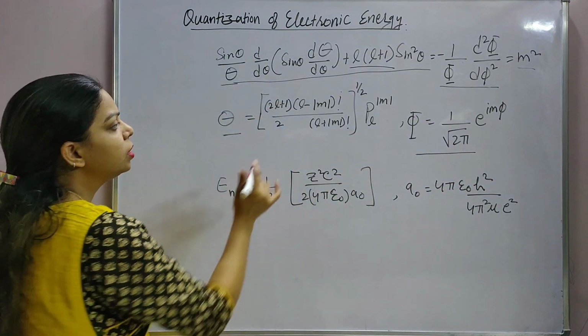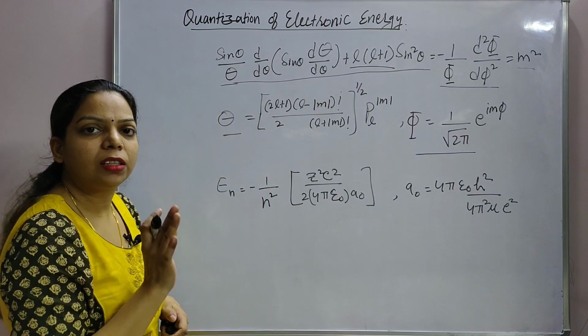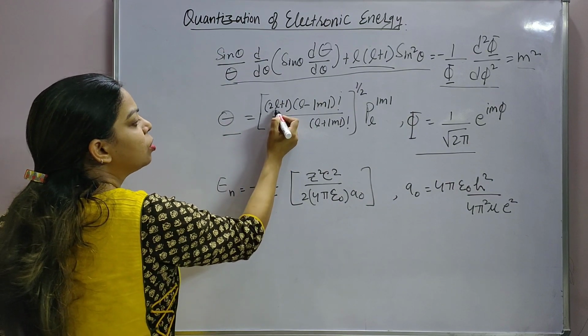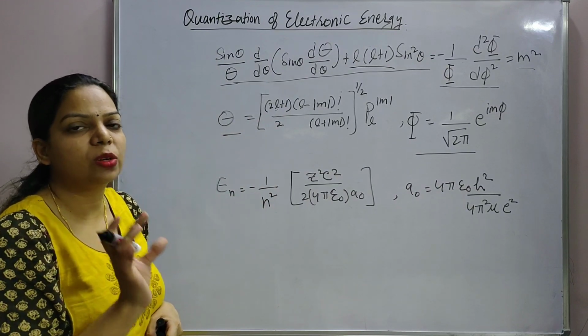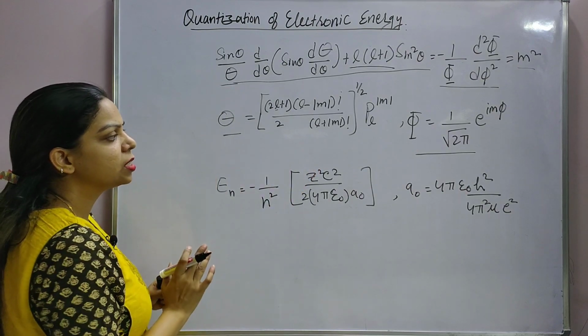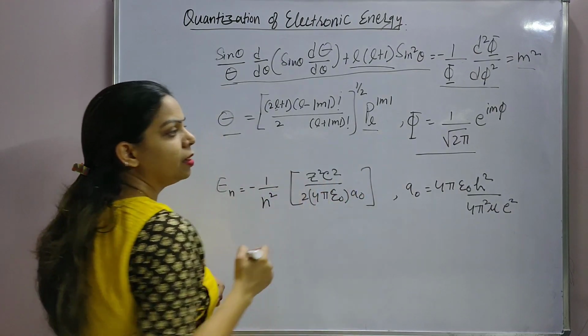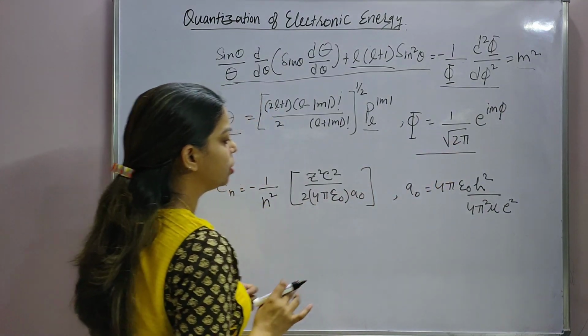We have already done that. The only difference between this theta equation and the rigid rotator theta equation is that here the constant l appears, while in that case the rotational constant J appeared in the equation. Otherwise, the entire equation is the same. P is the associated Legendre polynomial, and here is the simplest phi equation.